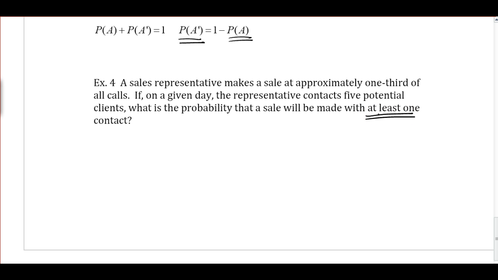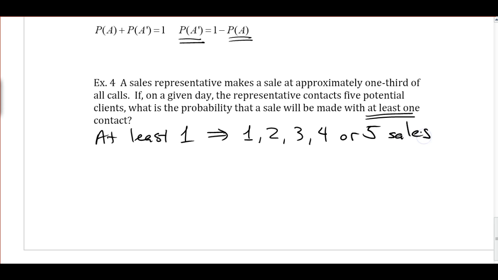This "at least" is important, because when we say at least 1, we're talking about either 1 contact, or 2, or 3, or 4, or 5 sales.